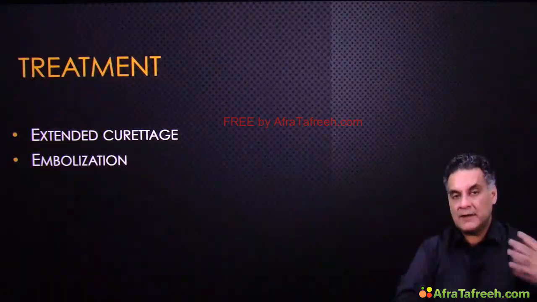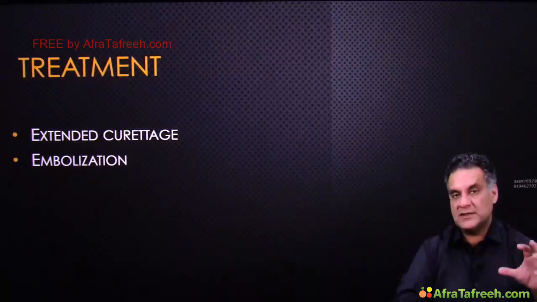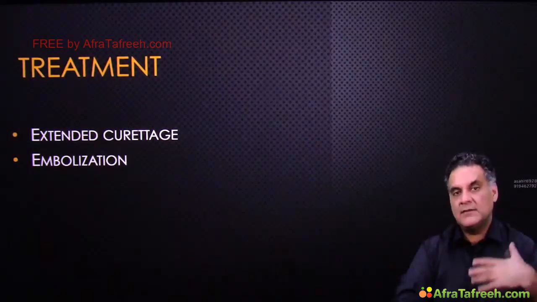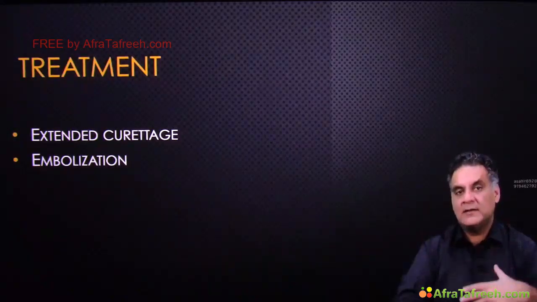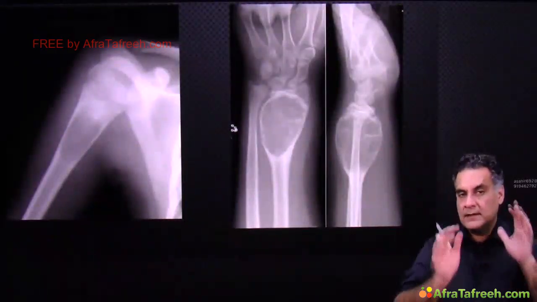Treatment, apart from extended curettage, you can embolize the vessel to shrink the size of the ABC, which can help you operate with ease. This is how you should remember.